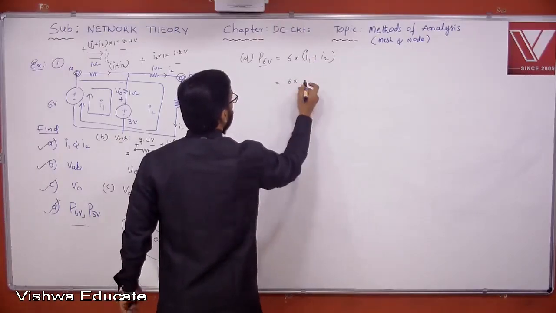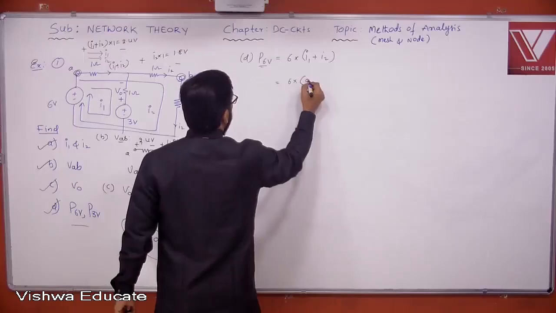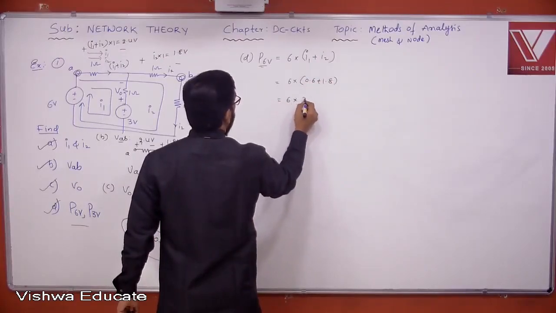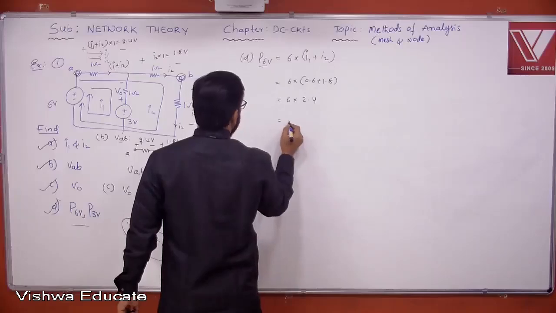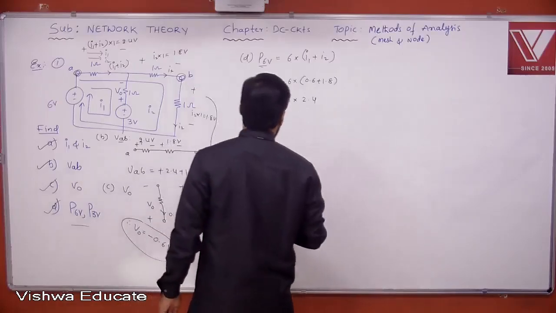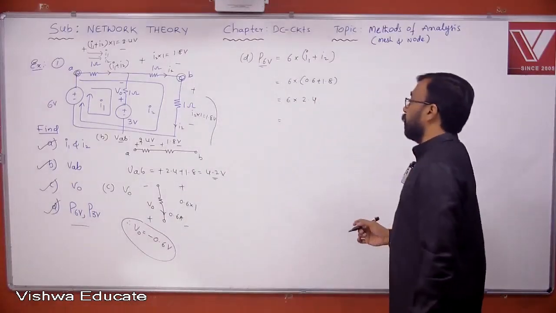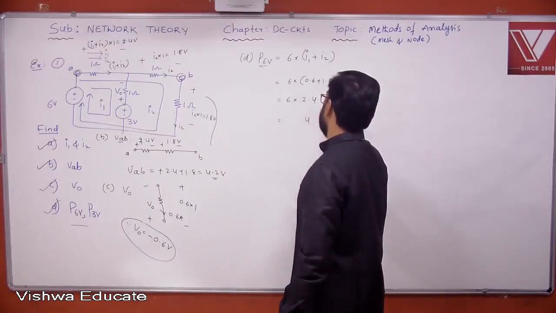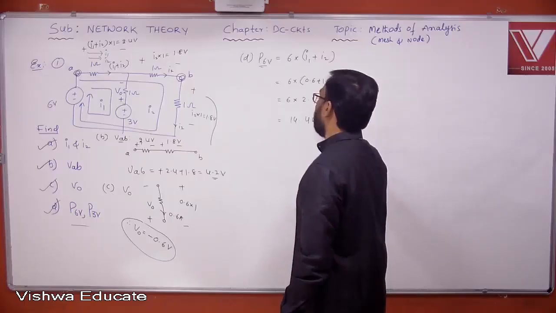So therefore, what do you get actually here? I1 plus I2 is nothing but, okay, 0.6 plus 1.8, right? So 2.4, 6 into 2.4. Okay? 6 into 2.4. 14.4 watt. But what is this current doing actually here?